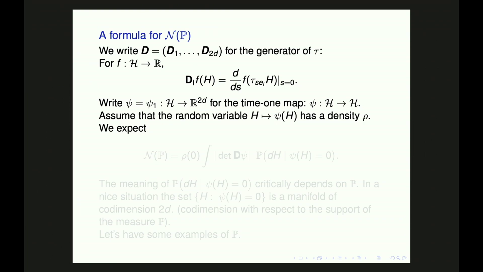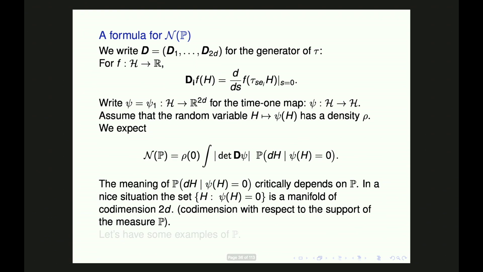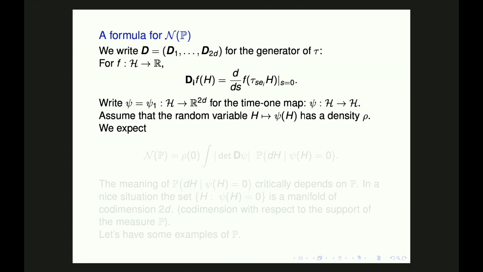I want to define this operator that is the generator of the flow, the translations that you introduce on the Hamiltonian. So you give me a function defined on the space of randomness, Hamiltonians. And I want to define this operator, which basically says translate H as much as S in direction e_i.